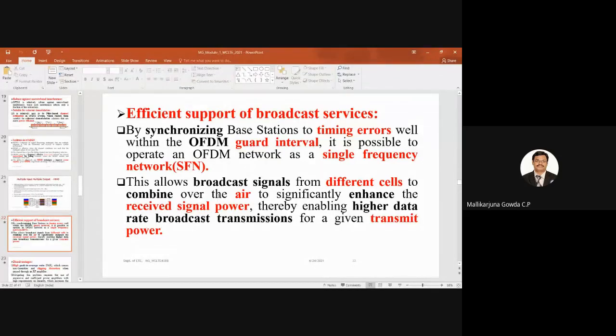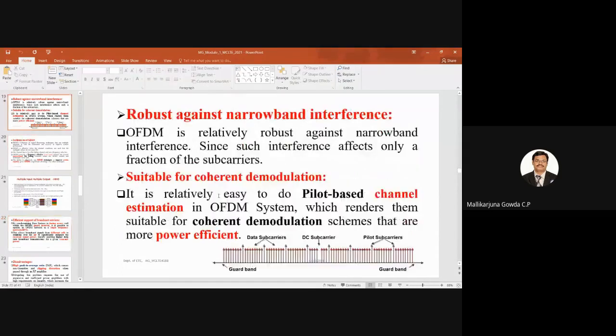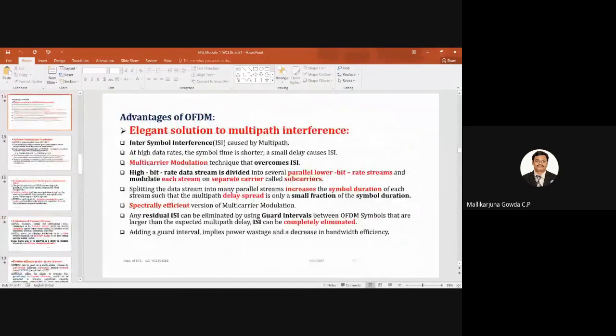Of course, under each heading, I've taken some two to three paragraphs for explaining. Just a quick review. Whatever is highlighted with the red thick line is the elegant solution to multipath interference. That is one advantage. How it is an elegant solution, I explained here.